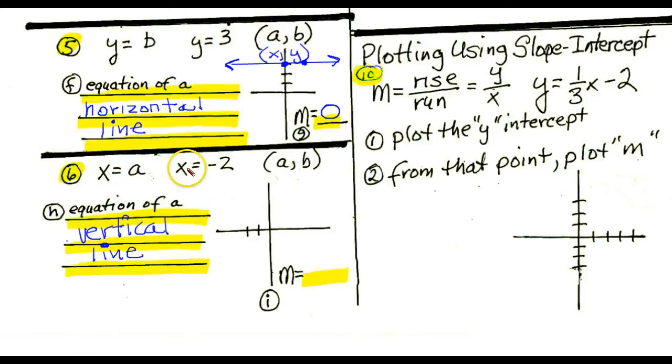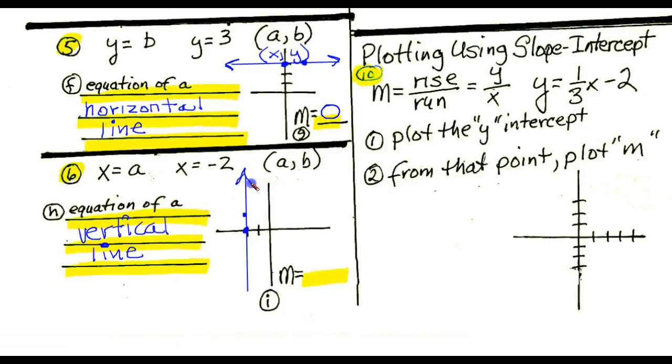And our x is -2, so on the x-axis we put a -2, and then just a point somewhere else, we're going to make a vertical line now through x equals -2.